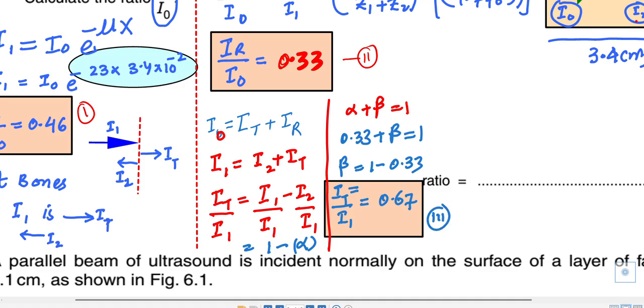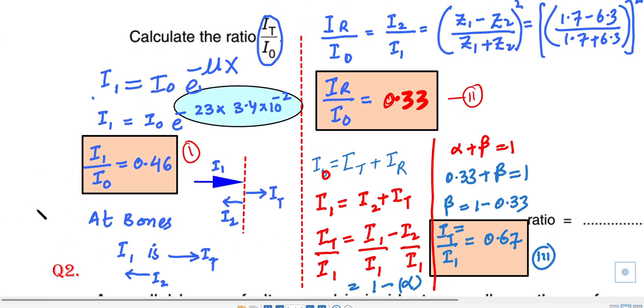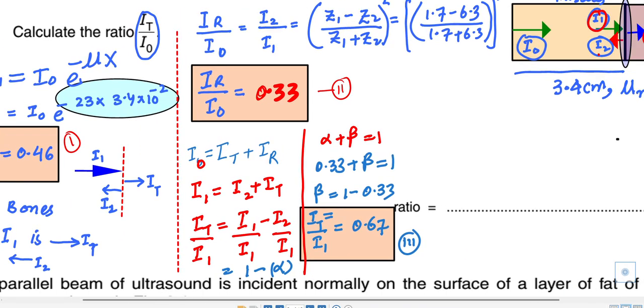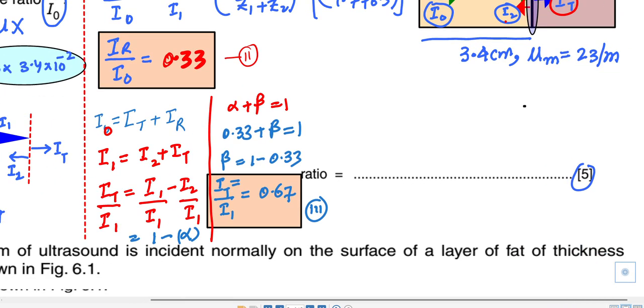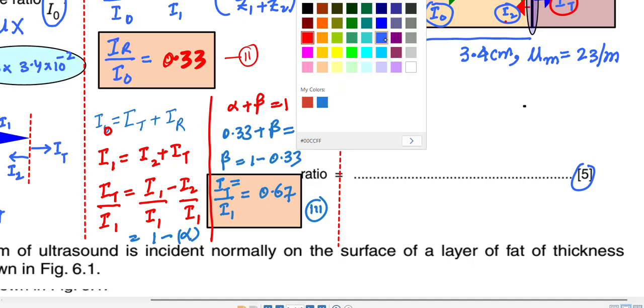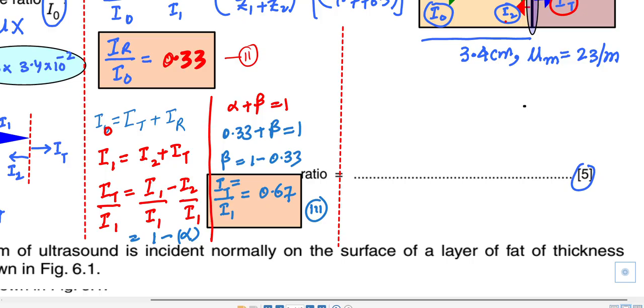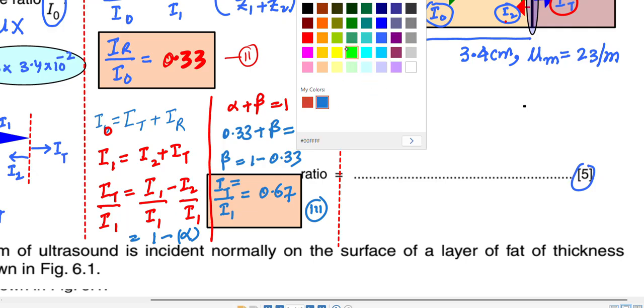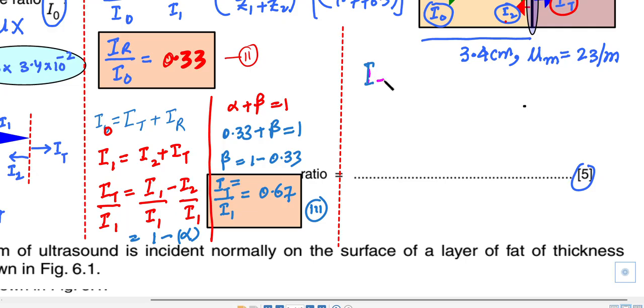So beta, now what is your task? As I told you, this is 5 marks. The examiner does not award these 5 marks without any effort. No. Here the situation is now in your favor. In simple words, I have to find IT divided by I naught.